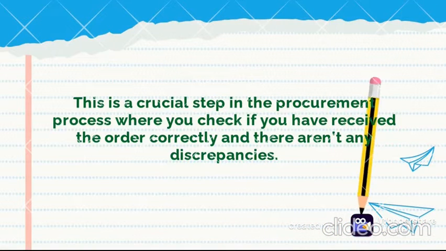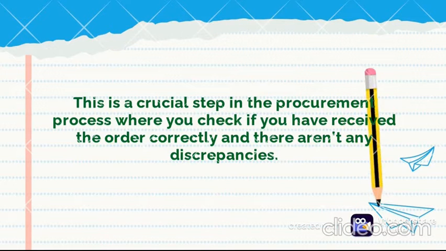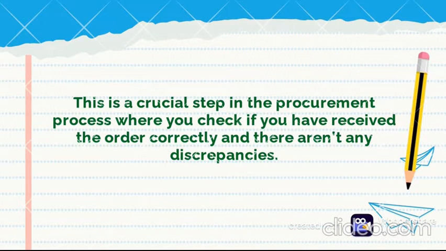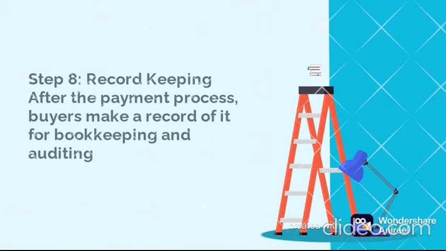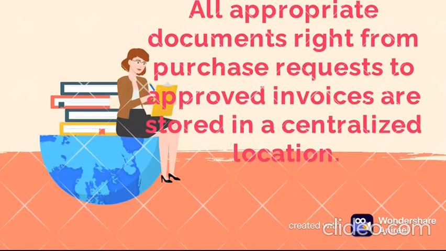This is a crucial step in the procurement process where you check if you have received the order correctly and there aren't any discrepancies. Step 8. Record keeping. After the payment process, buyers make a record of it for bookkeeping and auditing. All appropriate documents right from purchase requests to approved invoices are stored in a centralized location.